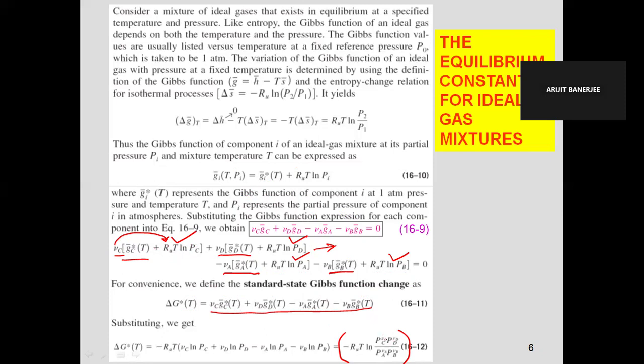So PC, I think there may be some issue in viewing it. Is it clear? Can you see this term? So I'm just writing it so that you can see.